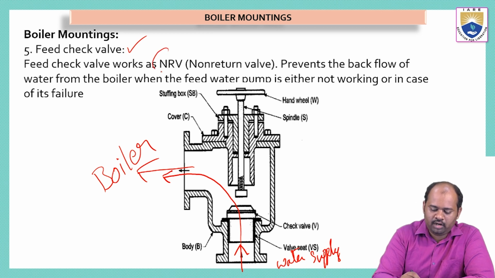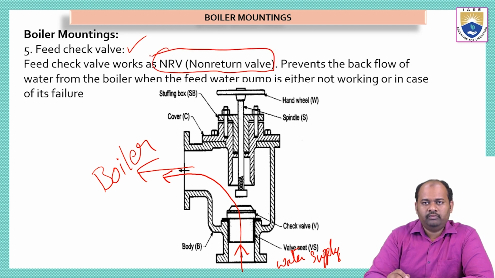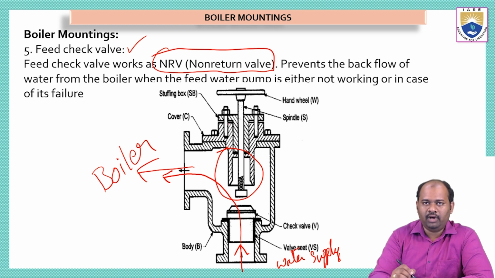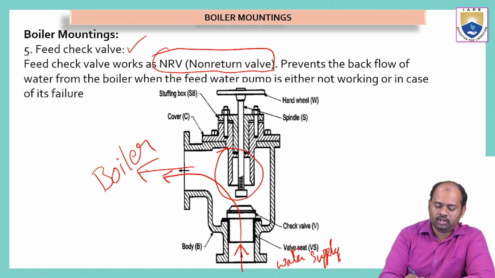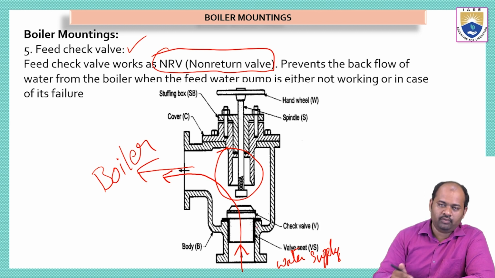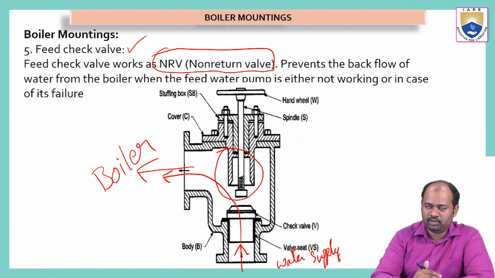This is very simple, but one best advantage of using this feed check valve is that it is a non-return valve, which means whenever there is a failure of any of these parts inside the boiler, the feed check valve will close so that it does not allow the water to flow back from the boiler into the outside pipe. It has only one opening which allows water to flow in the forward direction only, from the water supply to the boiler.